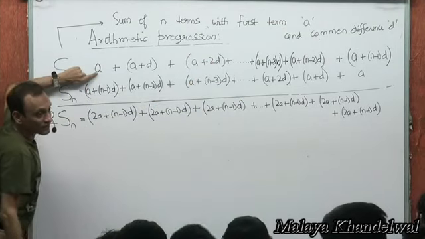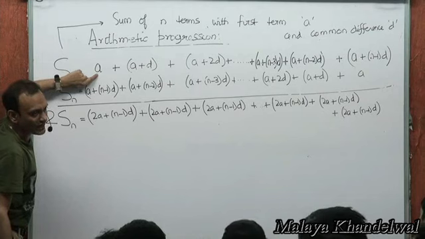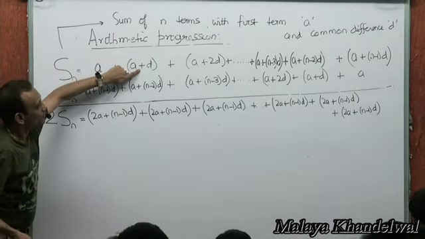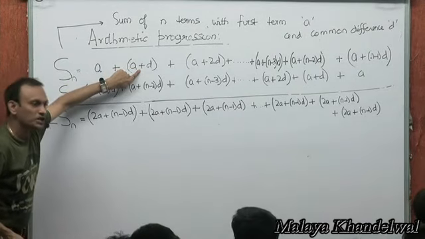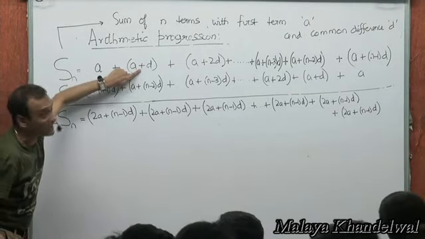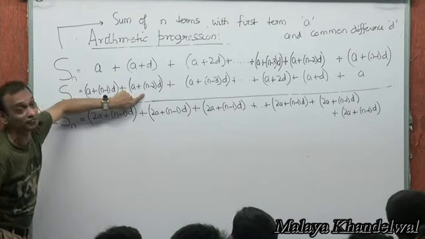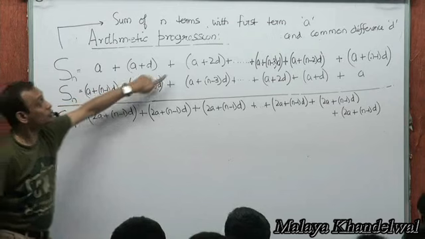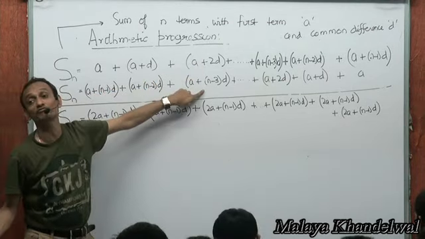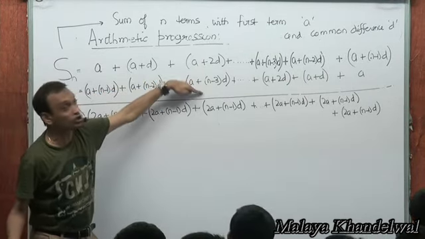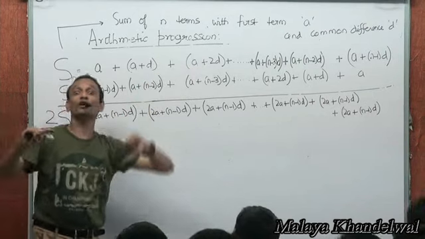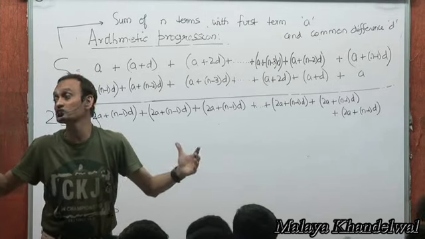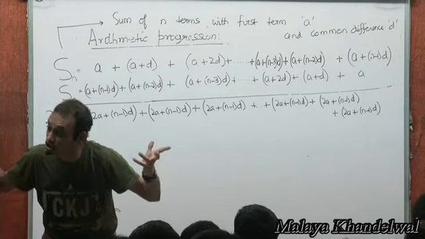See, these are the first term and last term, equidistant from the beginning and end. This is the second term from the first, this is the second term from the last. These are equidistant from the beginning and end. This is the third term from the beginning, this is the third term from the end. These two are also terms equidistant from the beginning and end. Therefore, in an arithmetic progression, the sum of terms equidistant from the beginning and end is the same.